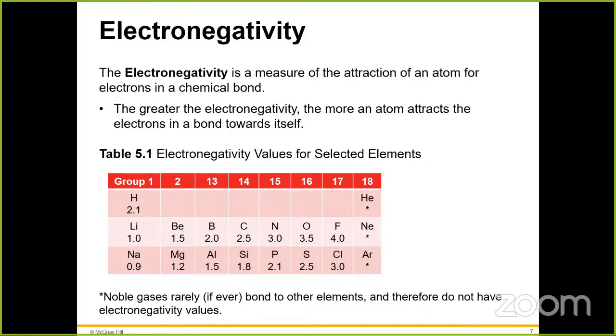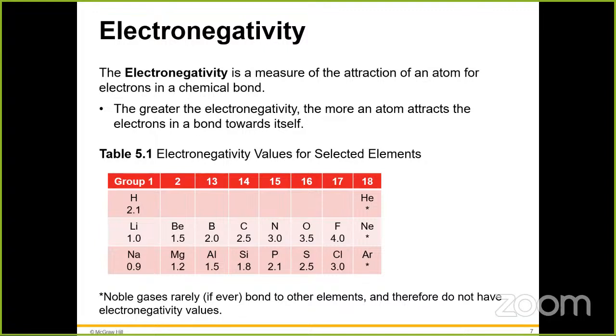And a scale has been developed by a guy by the name of Linus Pauling, and it's based on some thermodynamic calculations. And he came up with the scale where the most electronegative element will have a value of 4.0, which is, in this case, fluorine, and then all other elements were determined based on that.